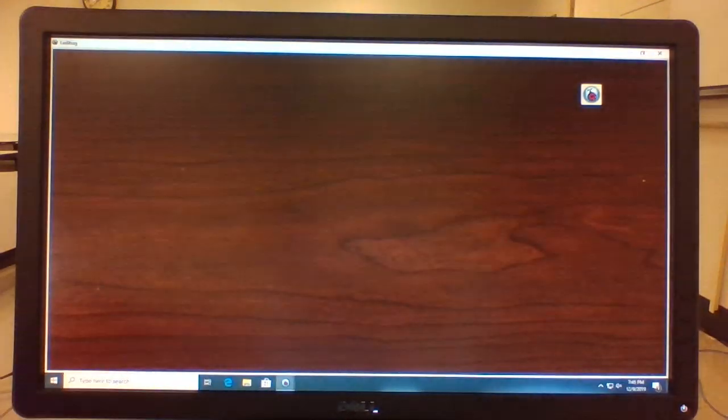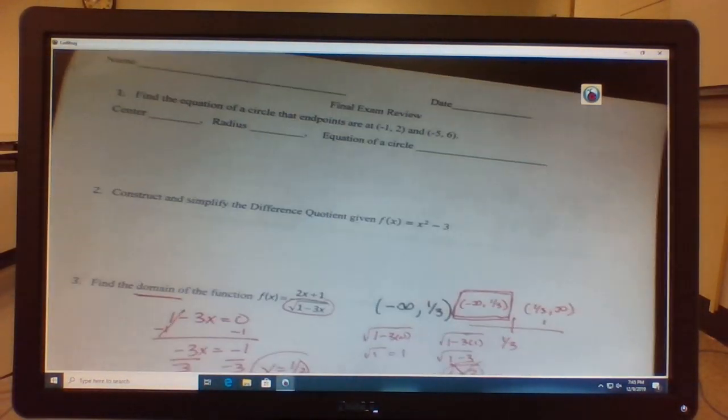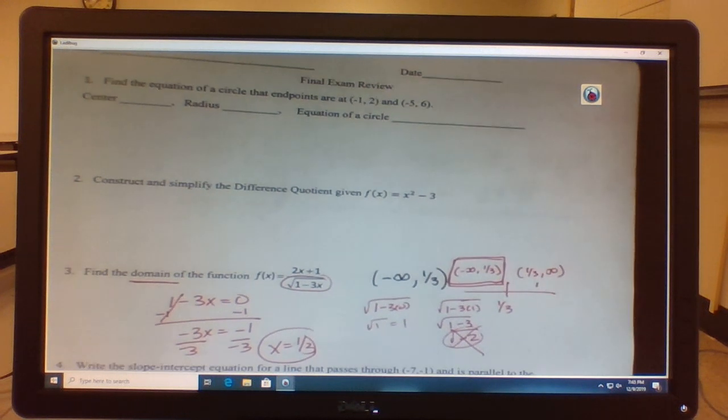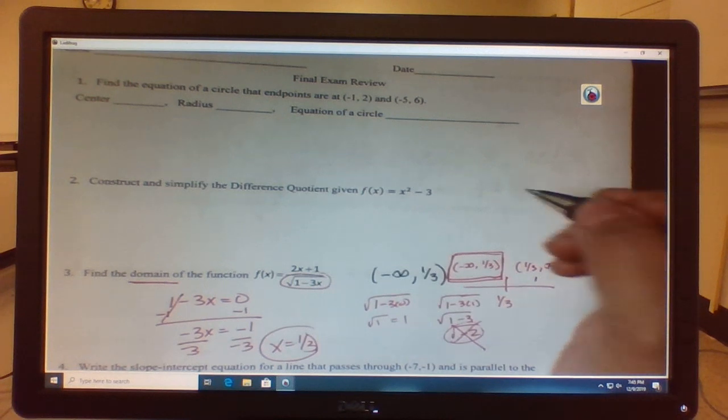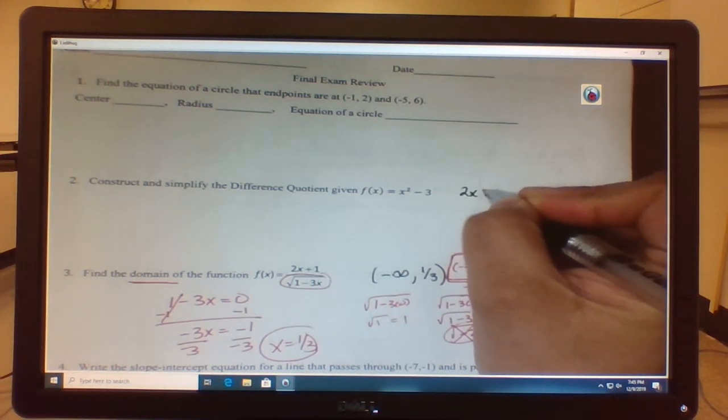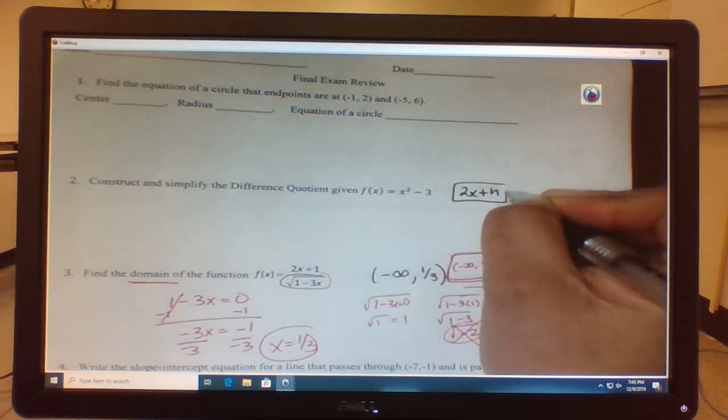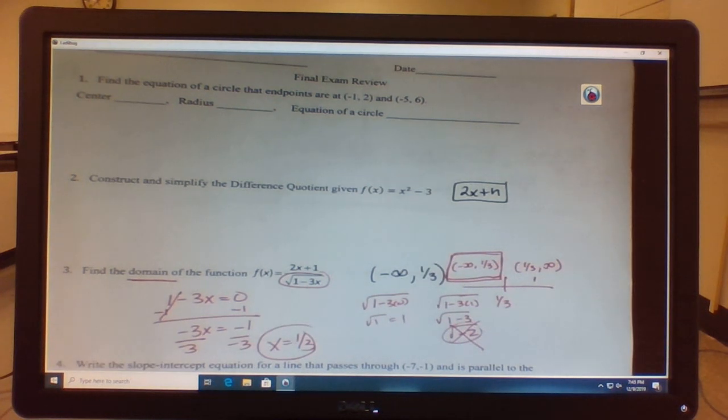Did anybody work out number 2 and want to tell me your answer? I did. I tried it. What'd you get? It's H. Just H? Okay, anybody else? I got 2x plus H. I got H to the 7. That's what it is. It is 2x plus H, but I'm going to work it out. But if you got that, awesome.